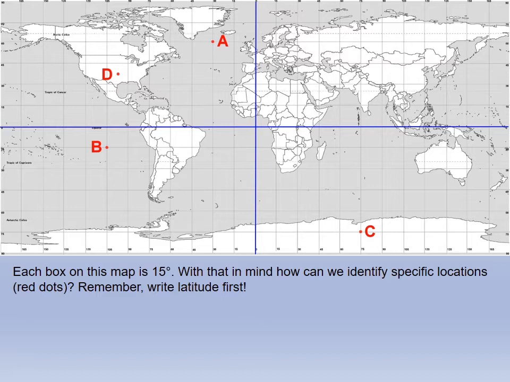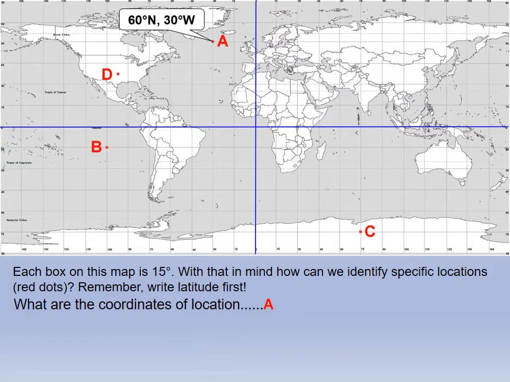Here are some examples of how to find latitude and longitude. You see point A. What are the coordinates of point A? 60 degrees north, that's first. You look at the 60 degrees on the left-hand side. The numbers are very small, but that is a 60. And 30 degrees west of the prime meridian. The blue lines show you where the equator and the prime meridian are.